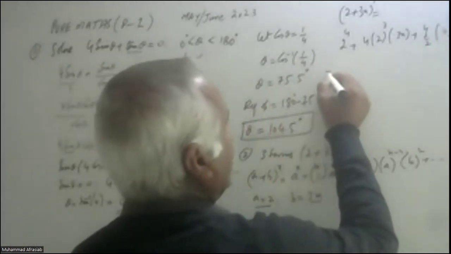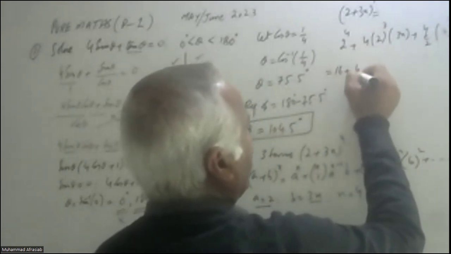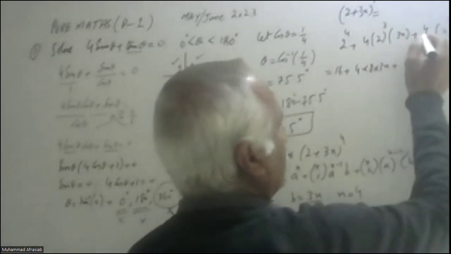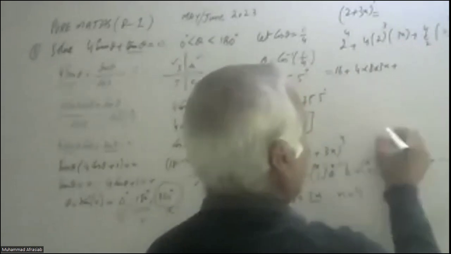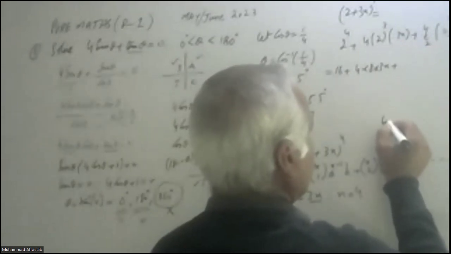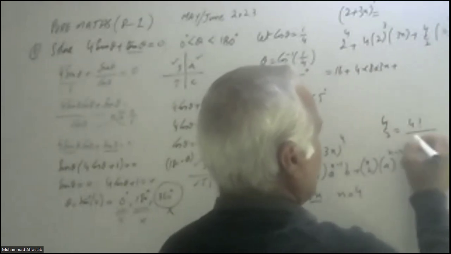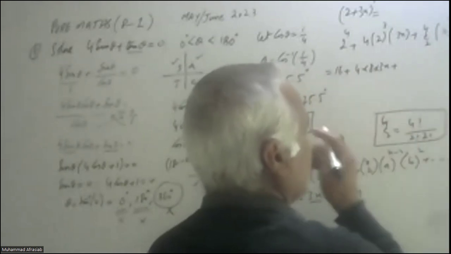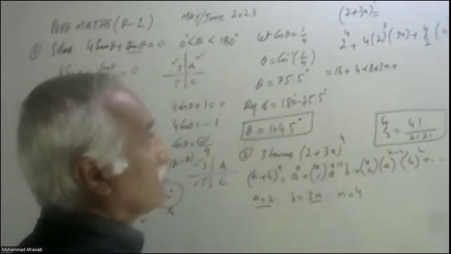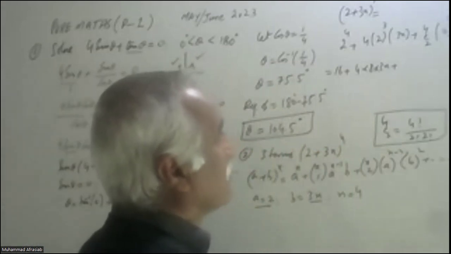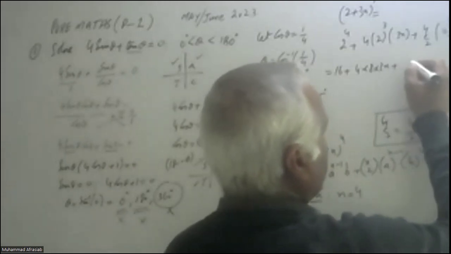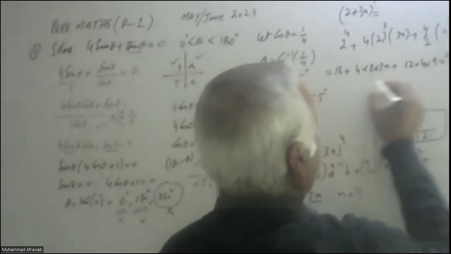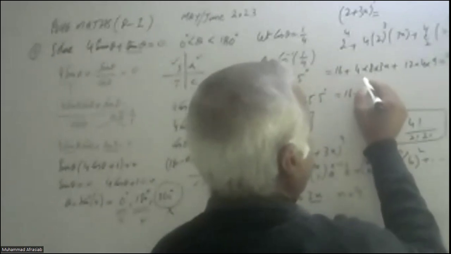So this will become equivalent to 16 plus 4 into 8 into 3x plus 4C2, which with the help of the nCr formula is 4 factorial over 2 factorial into 2 factorial, so this would be equal to 6, 6 into 4 into 9x squared and so on.